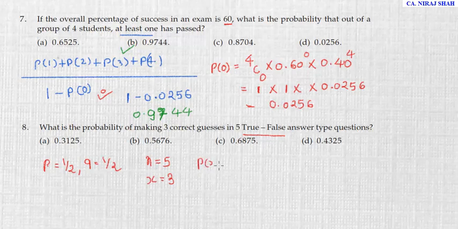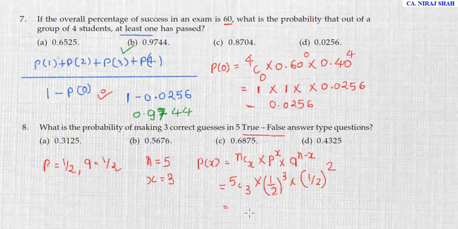The probability mass function for binomial distribution is nCx into p raised to x into q raised to n minus x. So nCx is 5C3 into p raised to x is 1 by 2 raised to 3 and q raised to n minus x is 1 by 2 raised to 5 minus 3, which is 2.